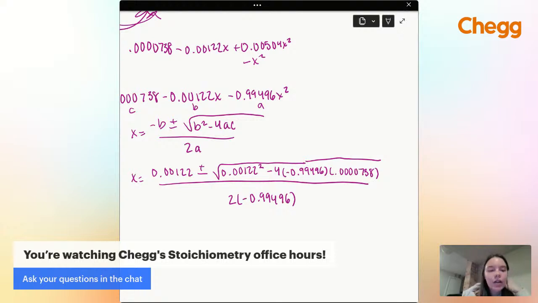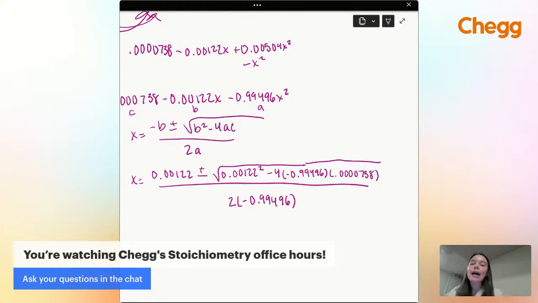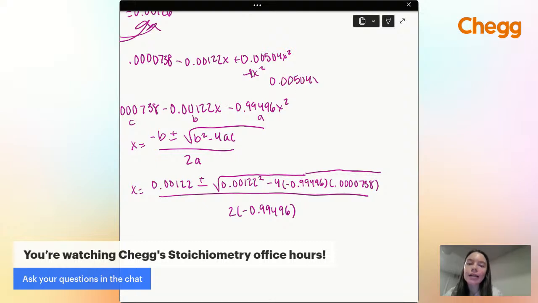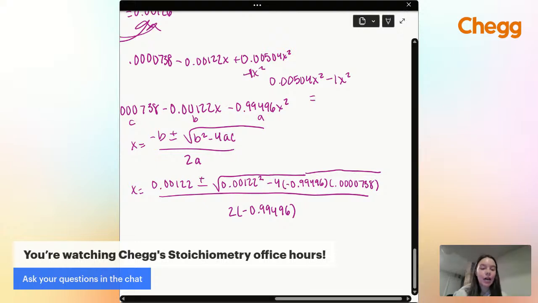How did I get from 0.00504x squared to 0.99496 squared? The way I did that is I subtracted a 1x squared. So I did 0.00504x squared minus 1x squared. And that's how I got that 0.99496. Does that make sense?